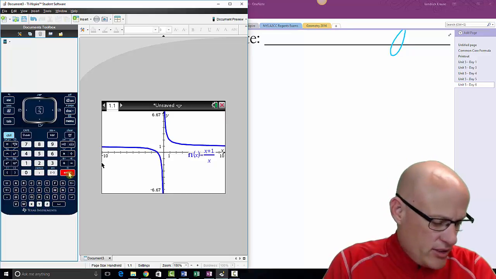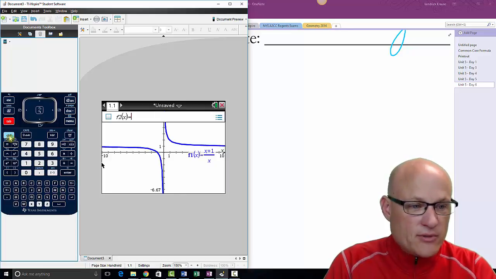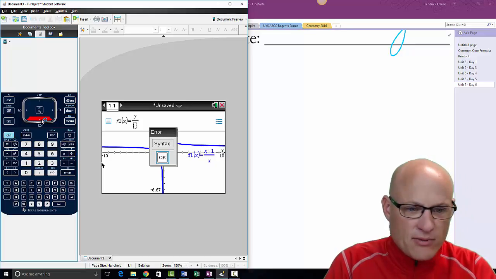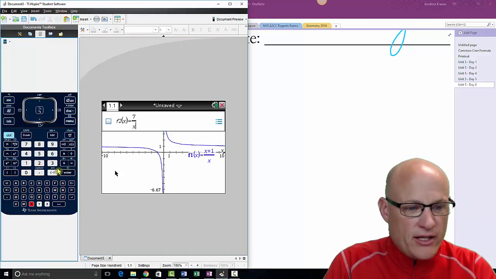Enter. And the other one is 7 over x minus 12. Hitting all the wrong buttons today. Minus 12. Enter.